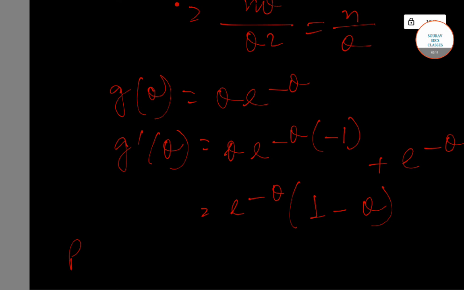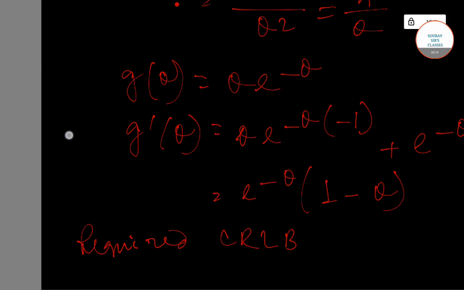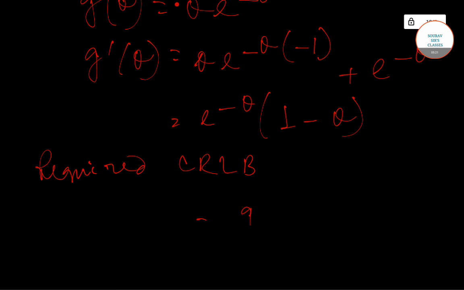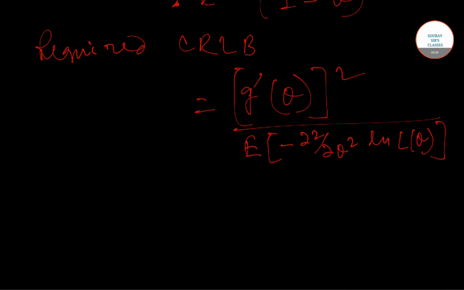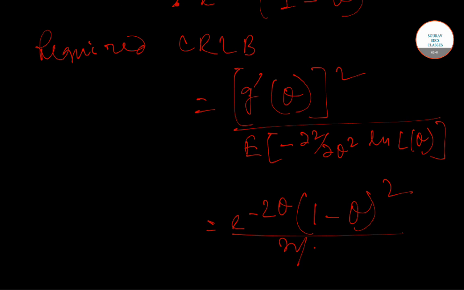So the required CRLB is equal to g dashed theta square by expectation of minus del 2 del theta 2 ln L theta, and this will give us e to the power minus 2 theta multiplied by 1 minus theta square by n by theta.